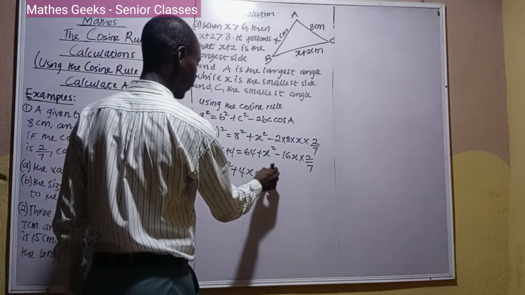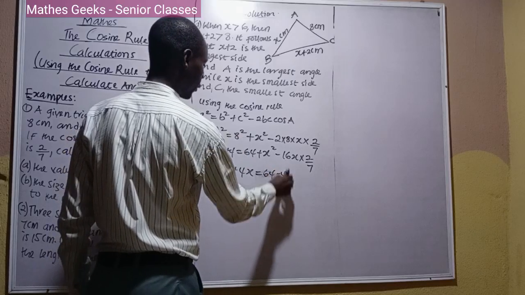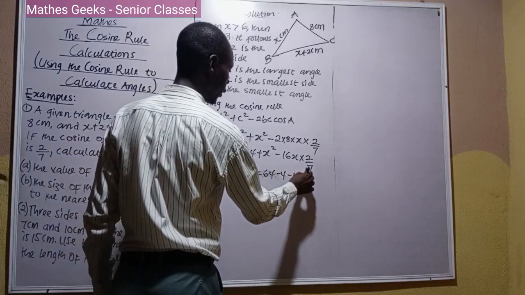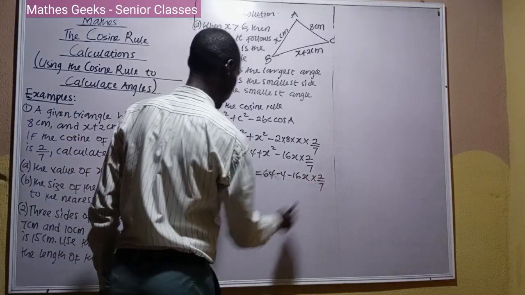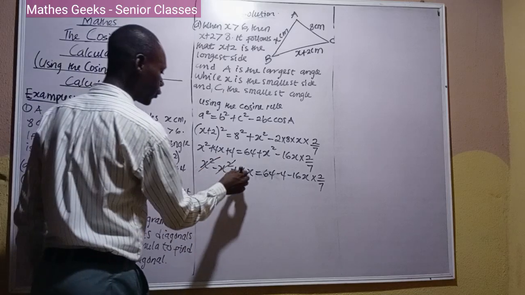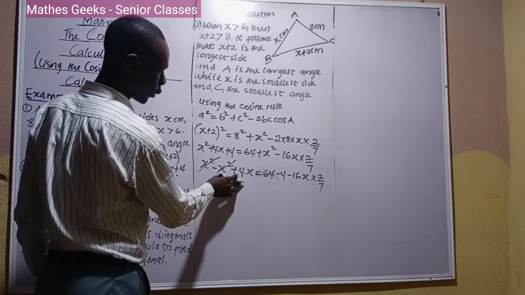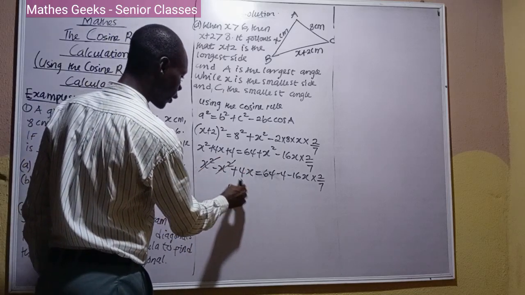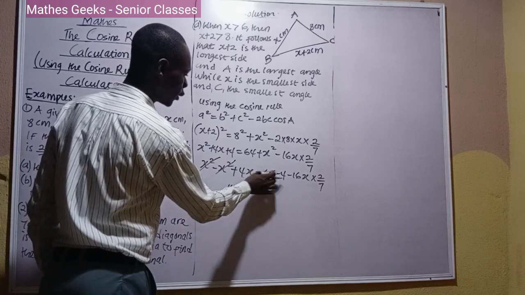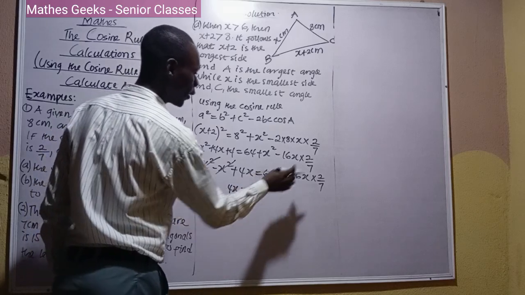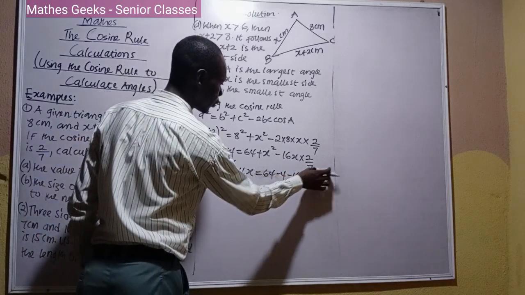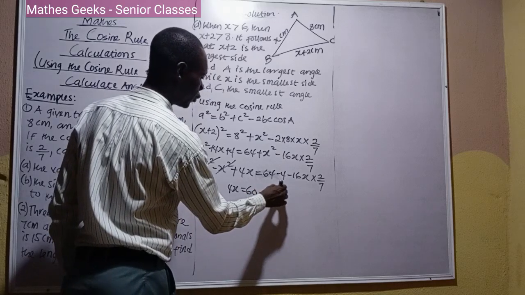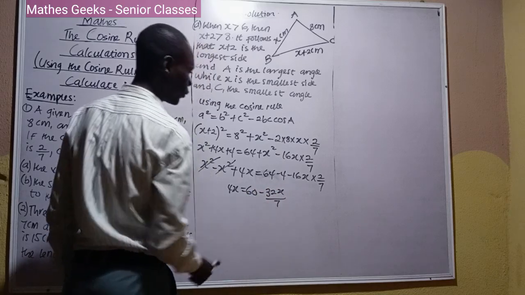What you have is 64, bring 4 to this side, minus 4, then minus 16x times 2 over 7. So 4x is equal to 64 minus 4 is 60, and 16x times 2 will give us minus 32x over 7.